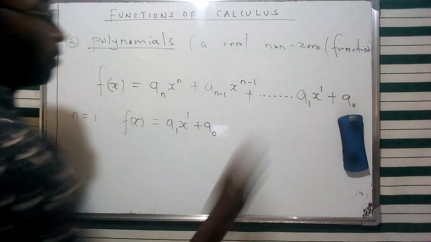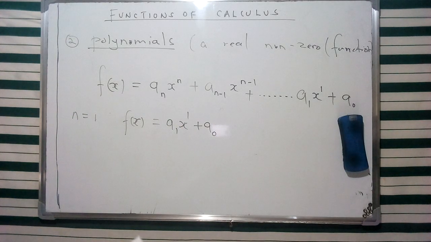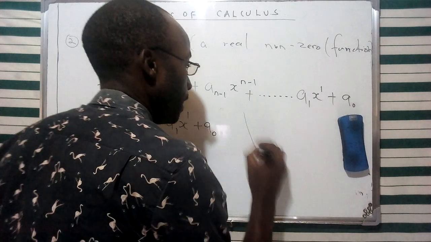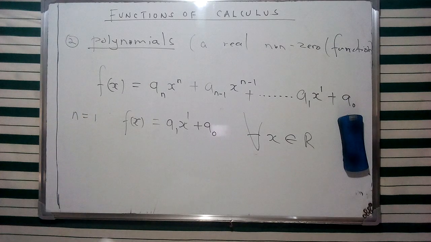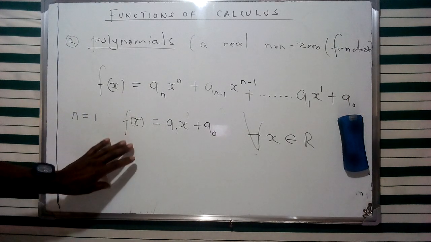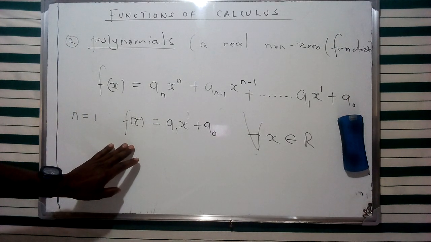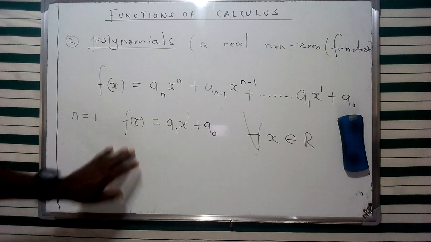So it's going to consist of these two terms given as such. And of course, we can give it in a general format, whereby for all values of x, as I said, they're going to be a set of real numbers.